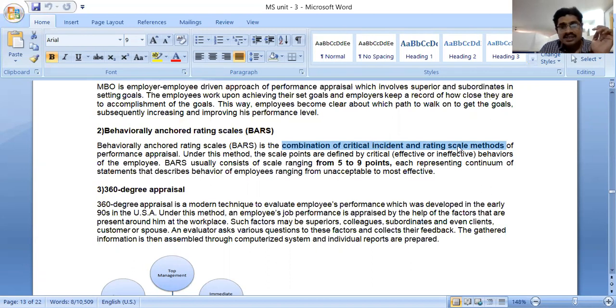The rating scale method uses scales such as poor, good, very good, excellent. Based upon the performance, the hierarchy will tick poor, good, very good, excellent, extraordinary. So this is the scale. The combination of critical incident and rating method comes under BARS.